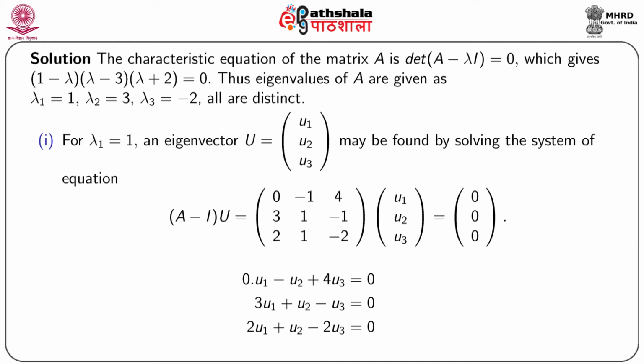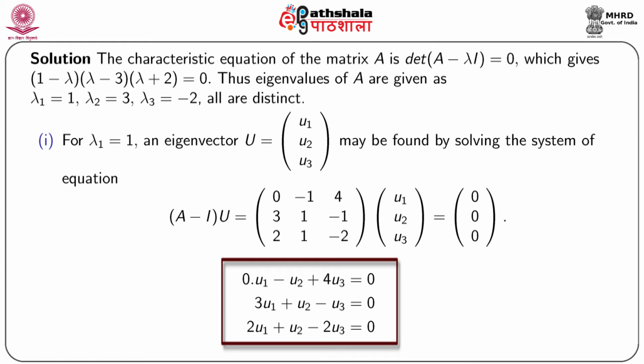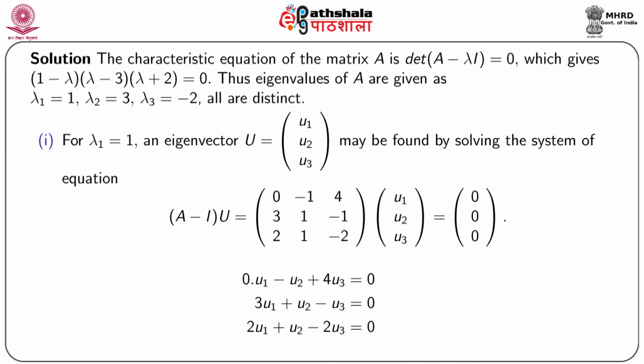If you write this explicitly, you will get it in the form of these three equations, which is 0 u1 minus u2 plus 4 u3 equal to 0, 3 u1 plus u2 minus u3 equal to 0, 2 u1 plus u2 minus 2 u3 is equal to 0.